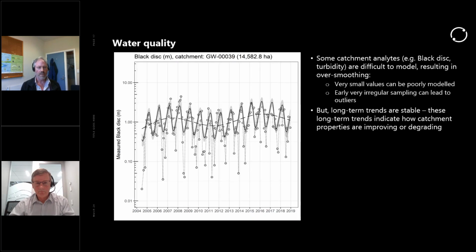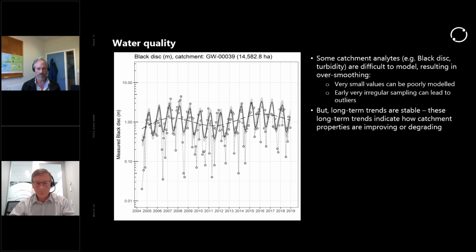Another example, black disc, which is an indicator of water clarity. Some of these indicators were difficult to model, resulting in a few issues. And we found that very small values can be poorly modelled, and there was some irregular sampling which can lead to a few issues.